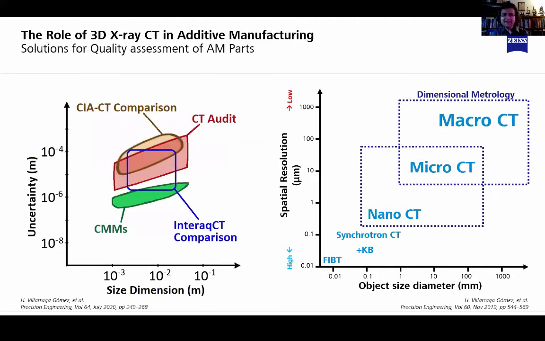And it is worth noting that from several interlaboratory studies that compare micro-CT technologies with traditional coordinate measurement systems, or tactile CMMs, the spread of uncertainty values associated with X-ray CT measurements covers a range that goes from around 1 micron to more than 50 microns.